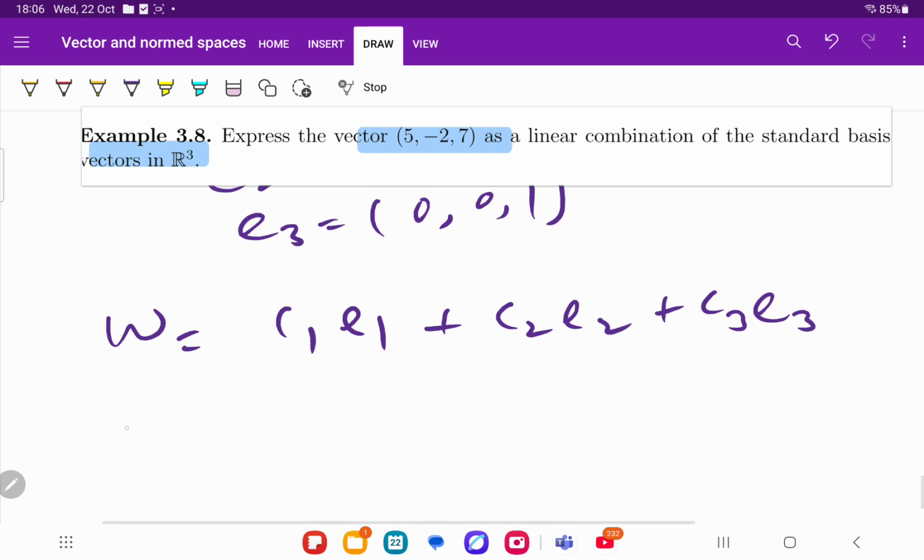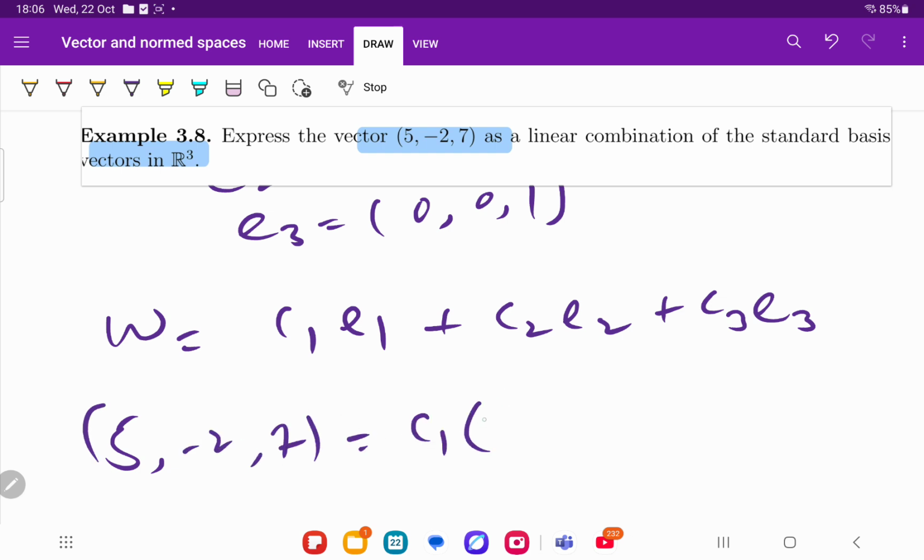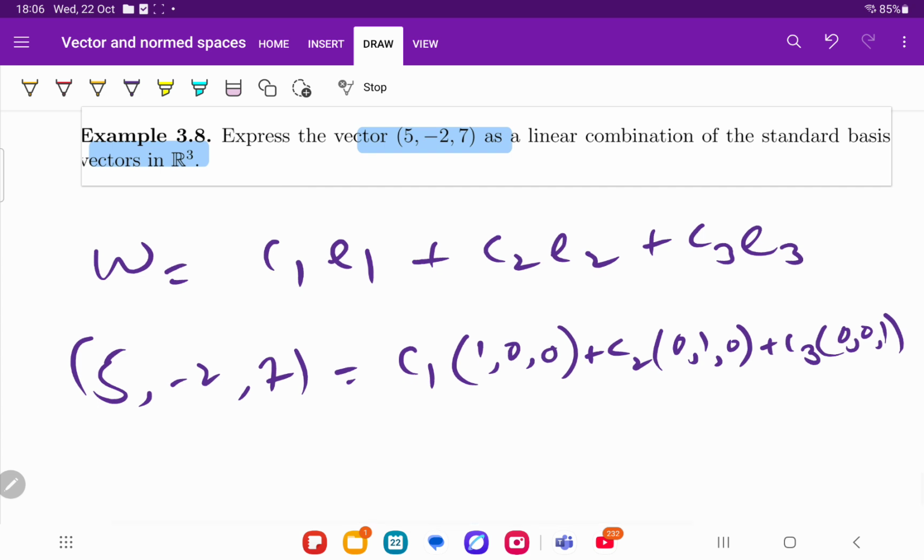So 5, minus 2, 7 can be written as c1 times 1, 0, 0, plus c2 times 0, 1, 0, plus c3 times 0, 0, 1. That's how we could write the vector as a linear combination of the standard basis vectors, because these are our standard basis vectors.